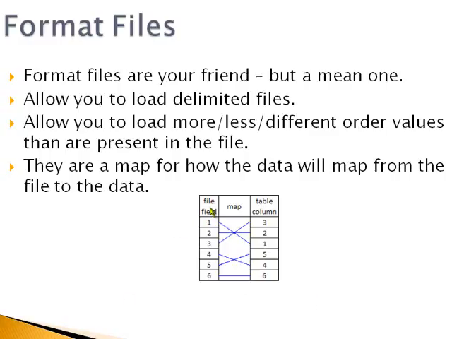The files coming in from your feed will always be ordered 1, 2, 3, 4, 5, 6, and so on. The table columns can be in any order you want. You could also have more fields than you want in your source file and map them to column 0 in your table. Basically, I don't care where this one goes.